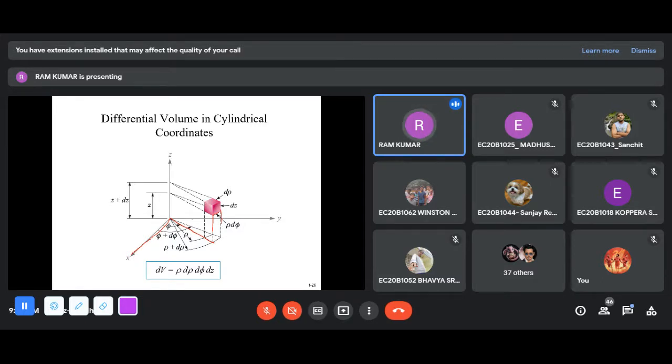Sometimes the point may be here, sometimes here, sometimes here. So the angle will be different for all the points. It will not be the same everywhere. So this component's unit vector we represent as the phi vector.